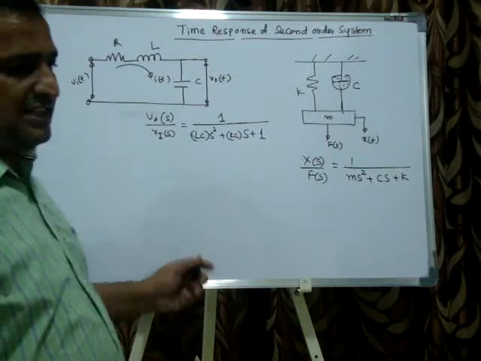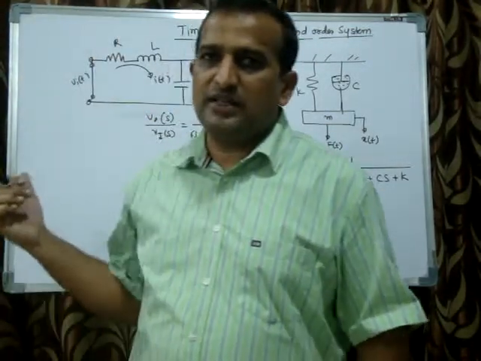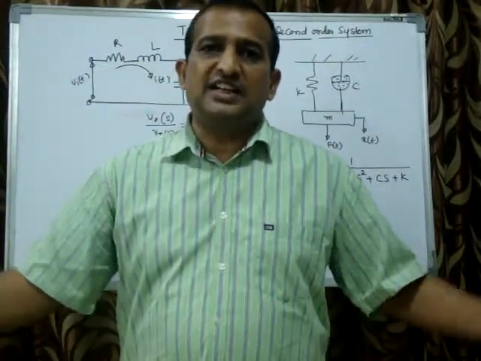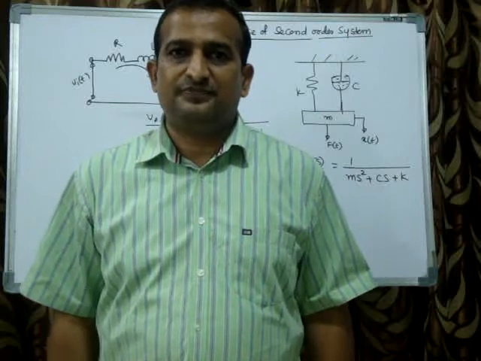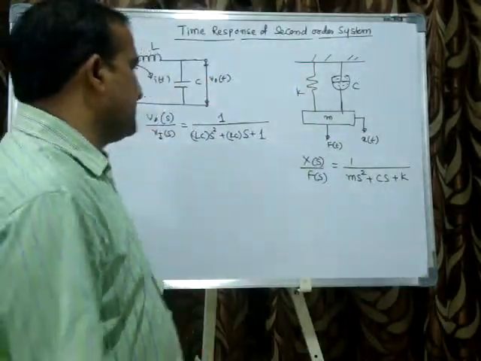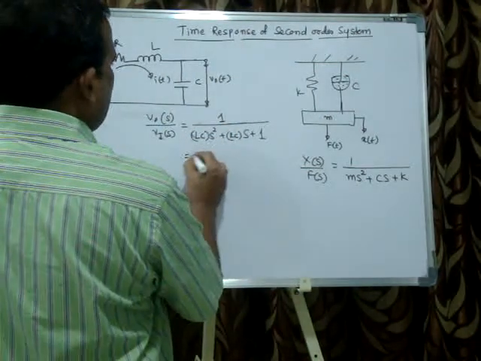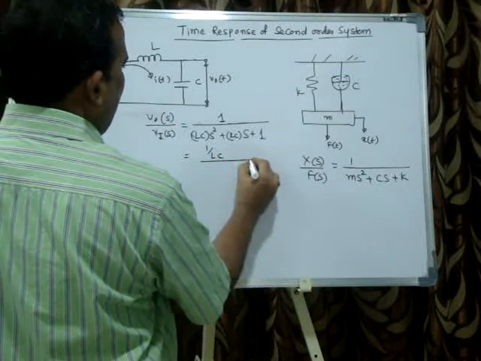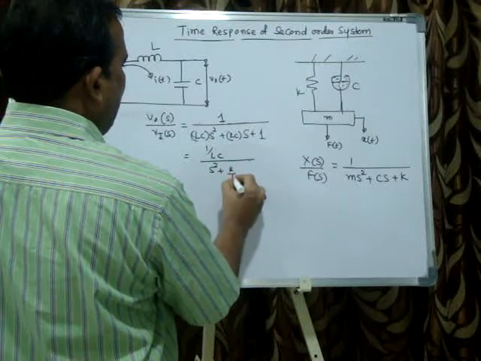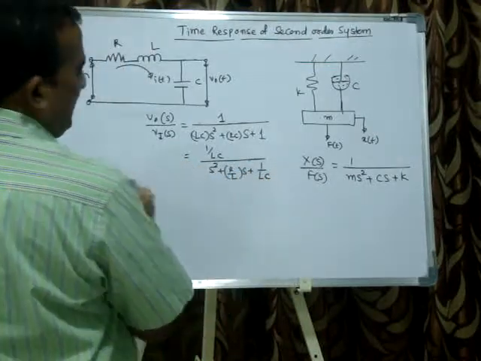But how to make it generalized? You take many systems, a mechanical second order, an electrical second order, something chemical, but how to club them and make a very generalized second order system? Now what I will do: I make the S square coefficient unity. For the electrical system, 1 by LC divided by S square plus R by L S plus 1 by LC, correct?